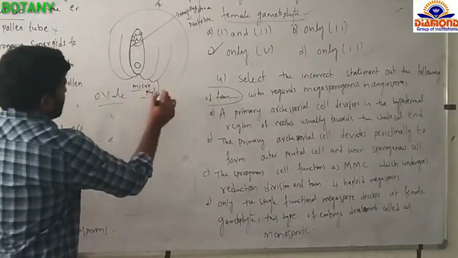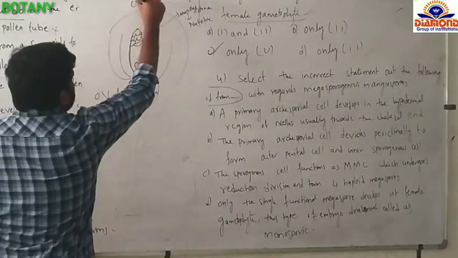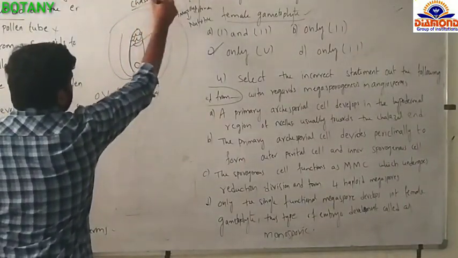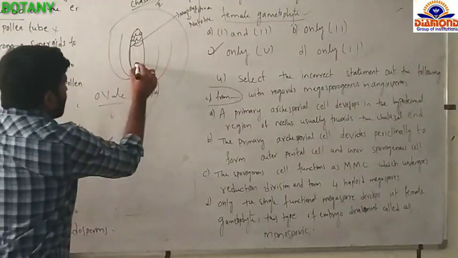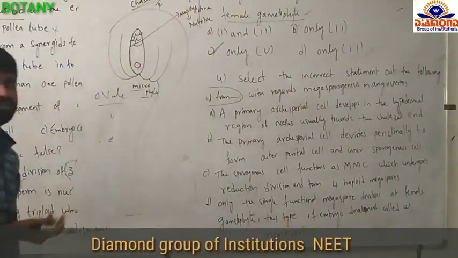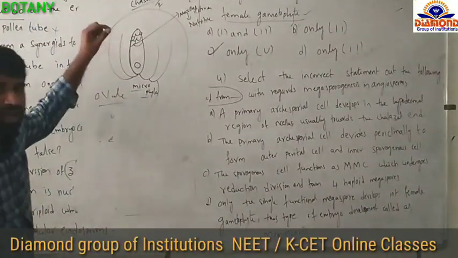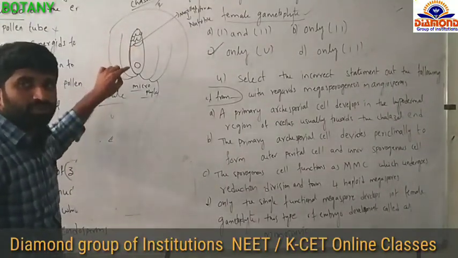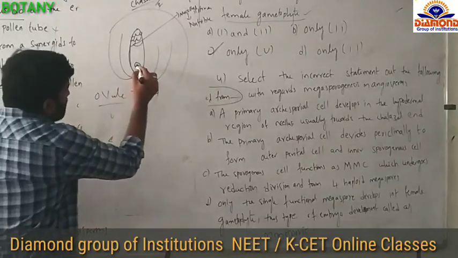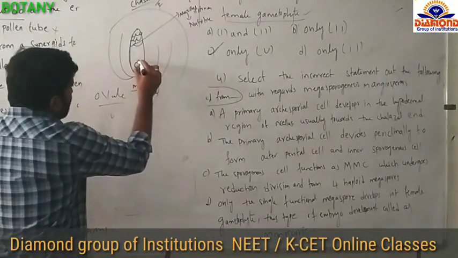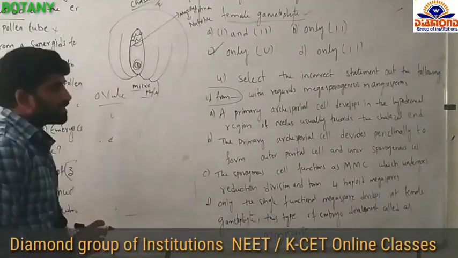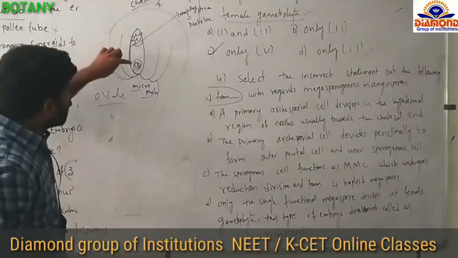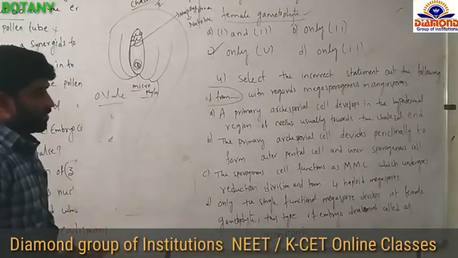This is the micropylar end and this is the chalazal end. Archesporial cells are nothing but nucellus tissue, but one of the nucellus cells can act as an archesporial cell. It develops towards the micropyle, not towards the chalaza.